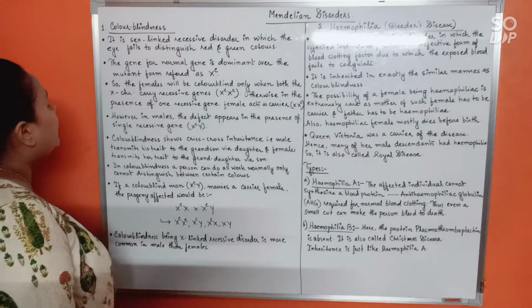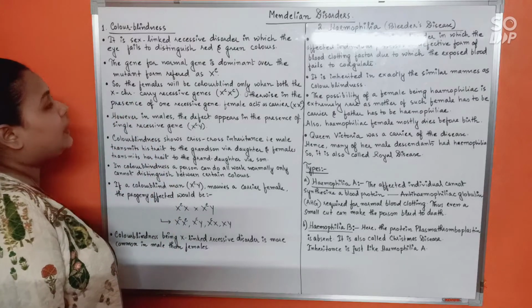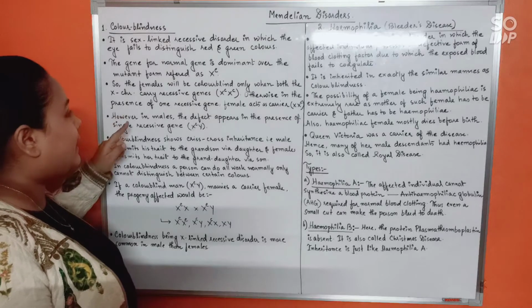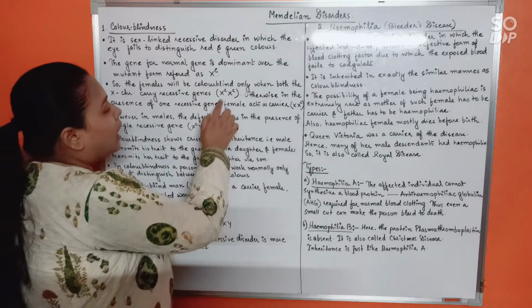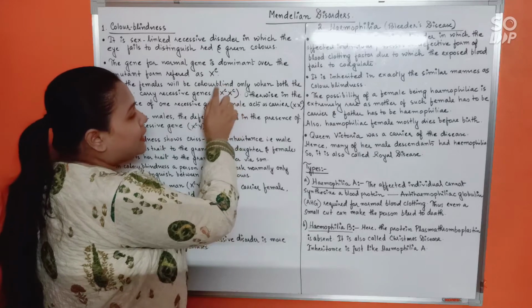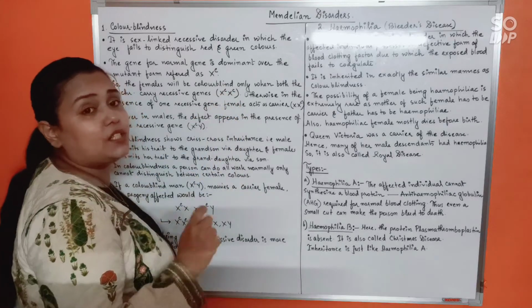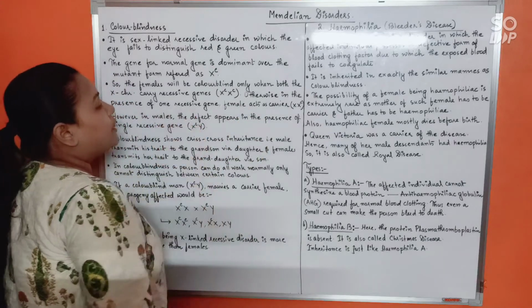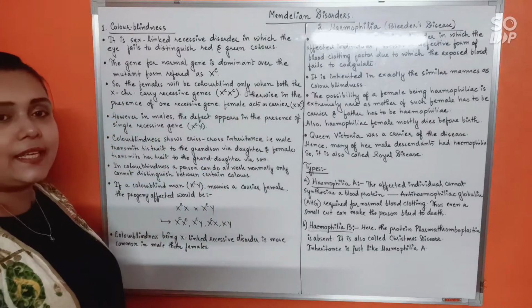Alright. Now, the females will be color blind only when both X chromosomes carry recessive genes. That means a particular genotype of a female, XCXC. This genotype is of a diseased female. Alright. Otherwise, in the presence of one recessive gene, the female will act as a carrier.